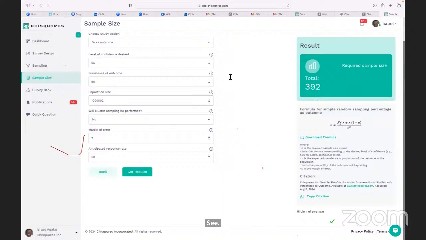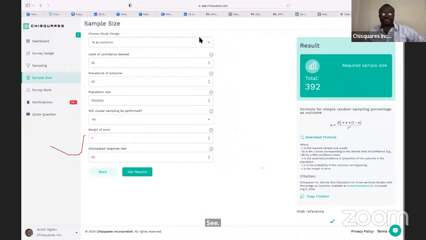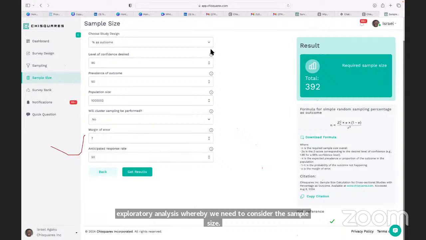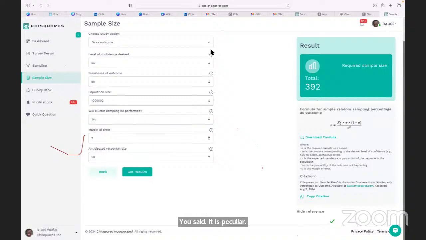Hello, thank you very much, sir. You're welcome. From the explanation you made mention of exploratory analysis, whereby we need to consider the sample size. You said it is peculiar to survey. One of the things I noticed from what you displayed was something called cross-sectional analysis.